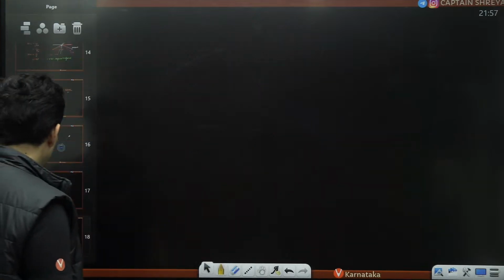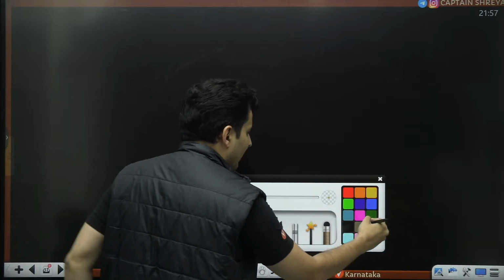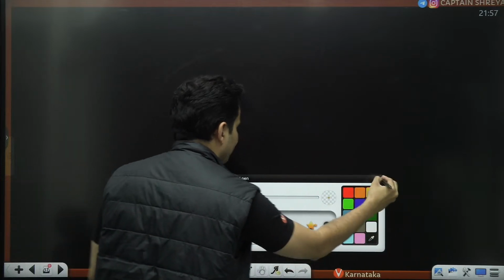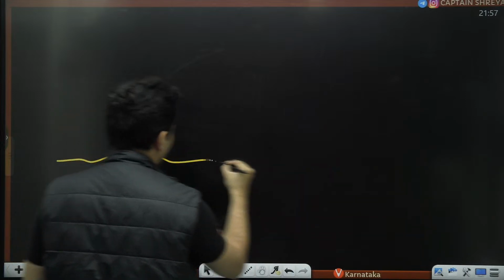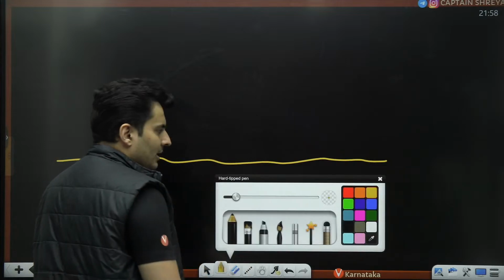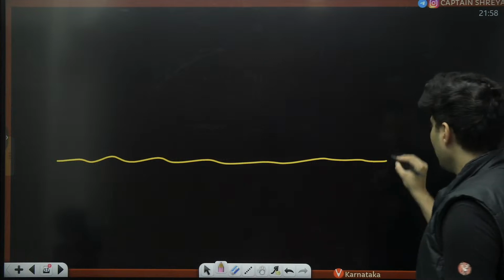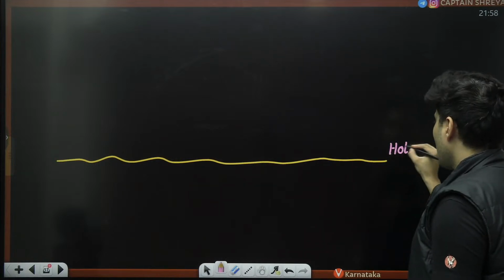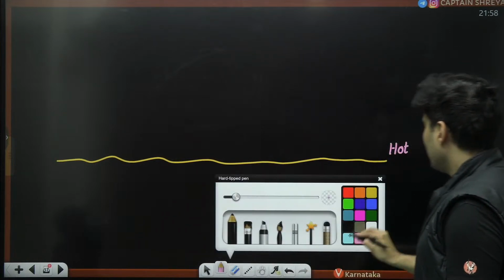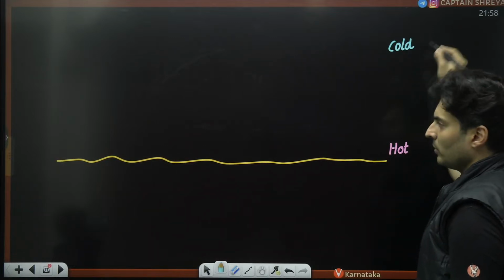Okay, there are even more phenomena, my dear students. Imagine you are in a desert. The air close to the sand is very hot. As you go on the top, the air becomes colder and colder. So it becomes cold over here.